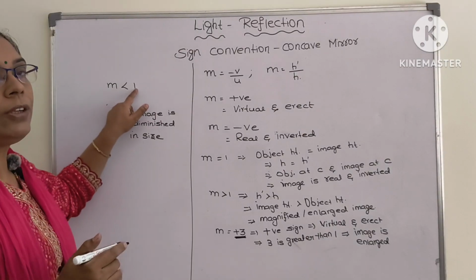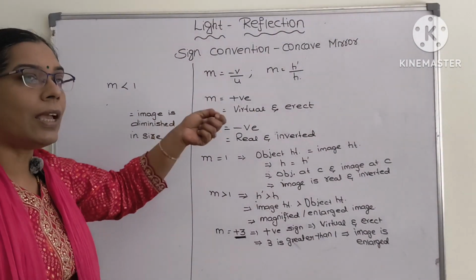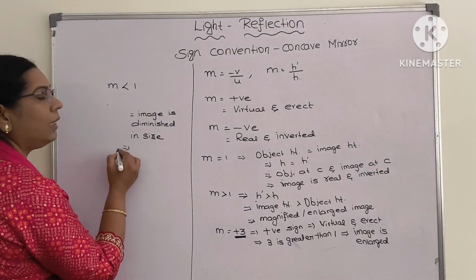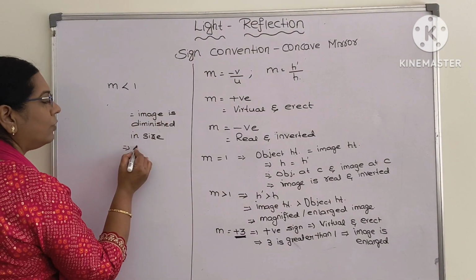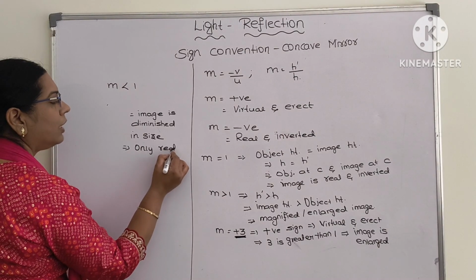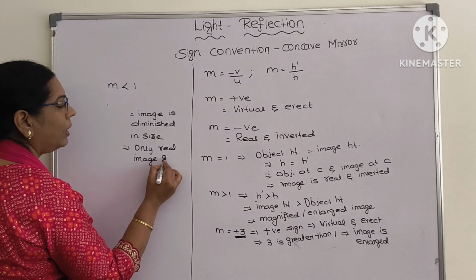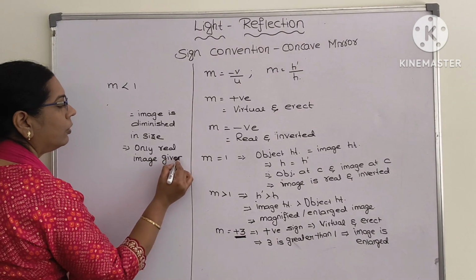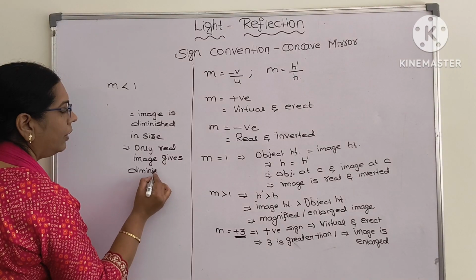So the moment you get to know that the image is diminished, you don't even have to look at the sign. You will automatically know that it is a real image. Only real images give diminished ones.